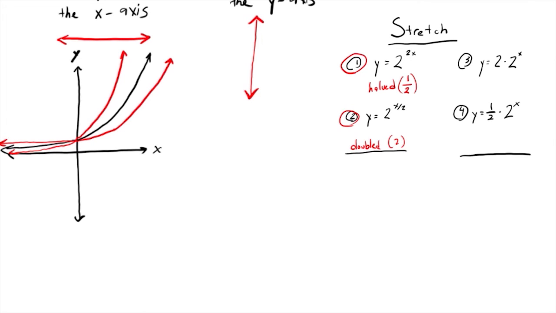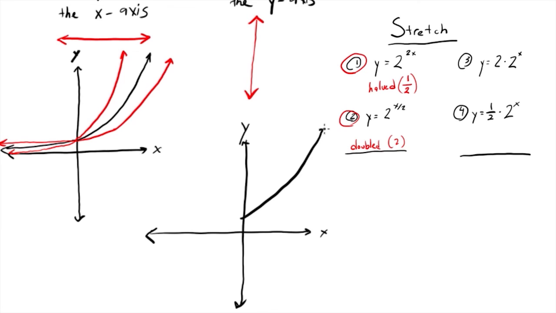Then for the last cases, we have case 3 and case 4. Again, we want to see what behavior they will be showing on a graph. Starting with the original, y equals 2 to the x. We look at the coefficient here, 2 times the function, so it would be stretched by a scale factor of 2 times this value.